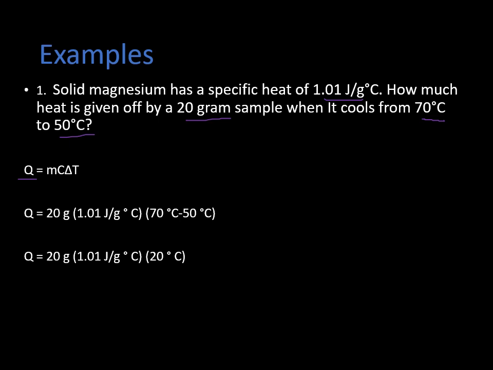It is fine for you to do that separately or just write that number down, but it is the difference in temperature. And then we can see that grams will cancel, degrees Celsius will cancel, and the unit that we're left with is joules. Put that in your calculator, 20 times 1.01 times 20, 404 joules.